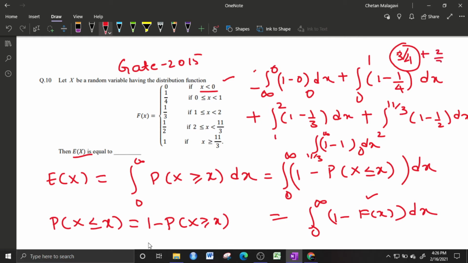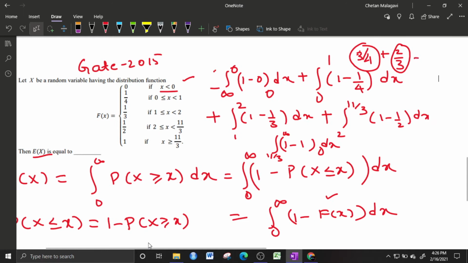Plus 1 minus 1 by 2 is 1 by 2, times upper limit 11 by 3 minus lower limit 2.